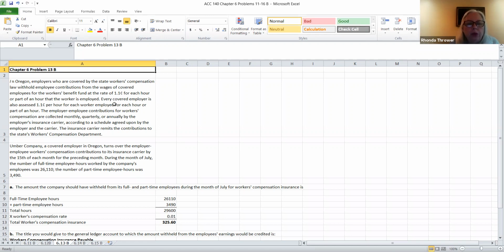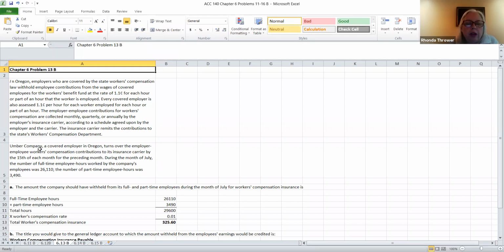Every covered employer is also assessed 1.1 cent per hour for each worker employed for each hour or part of an hour. The employer-employee contributions for workers' compensation are collected monthly, quarterly, or annually by the employer's insurance carrier, according to a schedule that's agreed upon by the employer and the carrier. The insurance carrier remits the contribution to the state workers' compensation department.